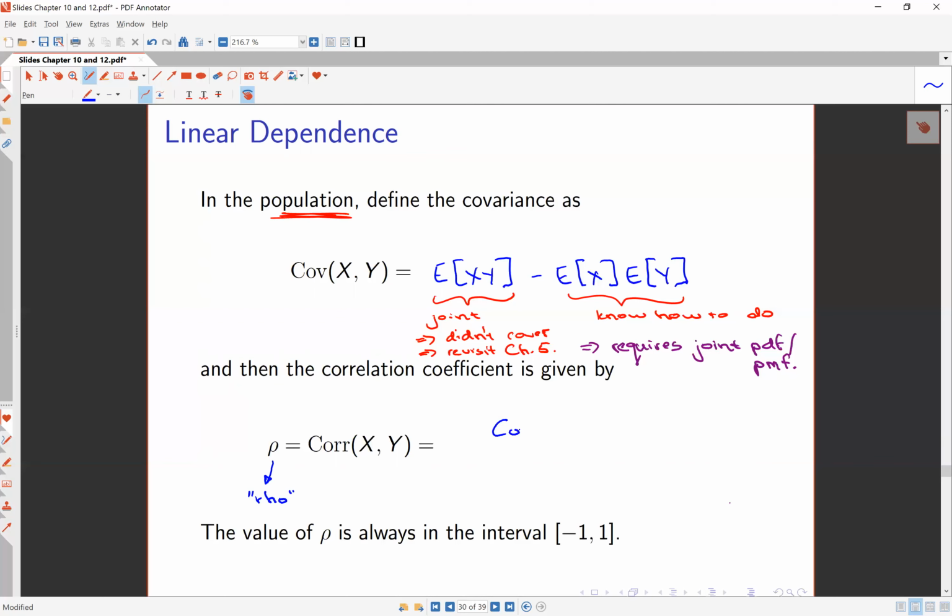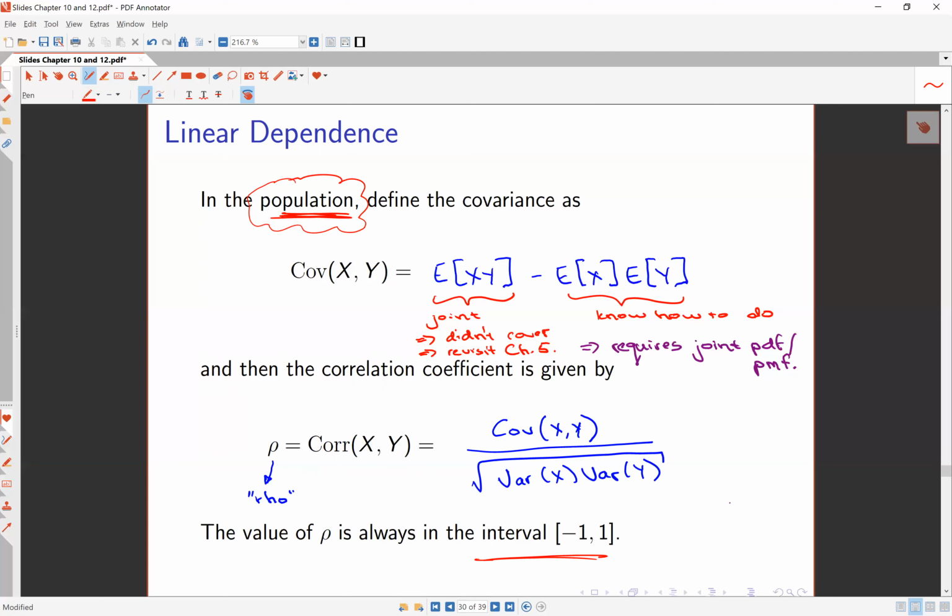And again, if you're calculating this at the population level, you would take the covariance between the 2 variables, and you would then divide by the square root of the variance of x times the variance of y. And the reason the correlation coefficient is preferred is it always lives on the interval -1 to +1 with the endpoints included. So I'm not going to ask you to do these calculations at the population level. This is just for you to understand that there are formulas governing the dynamics that happen at a population level.